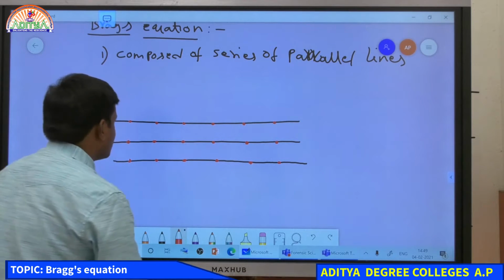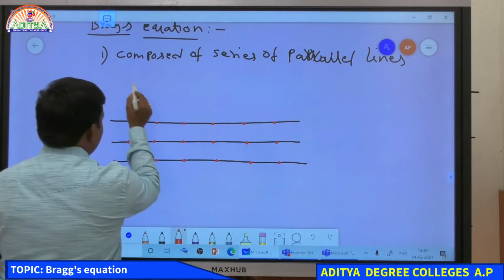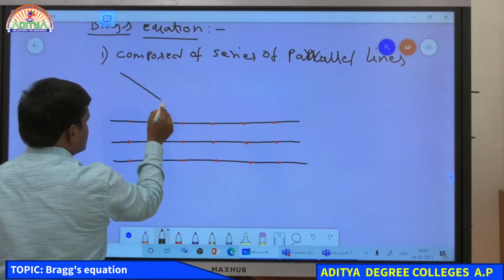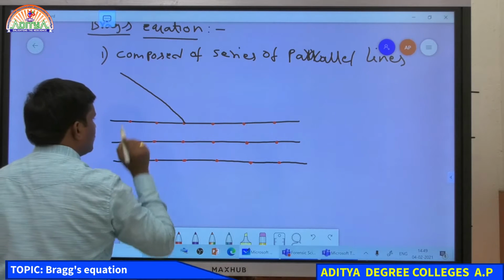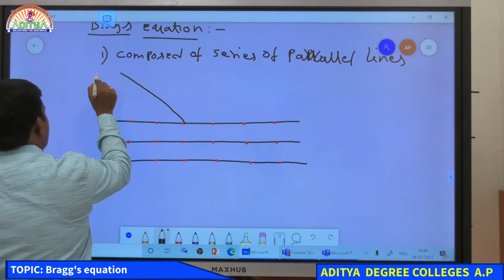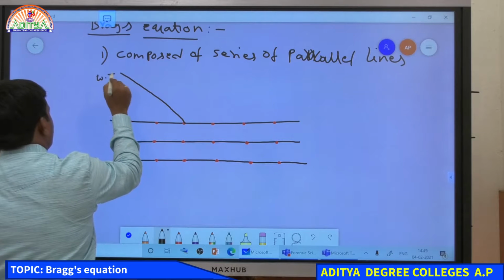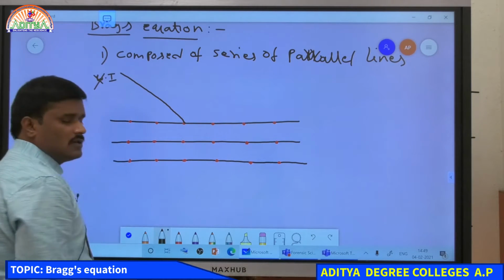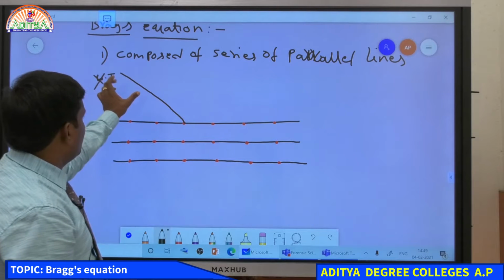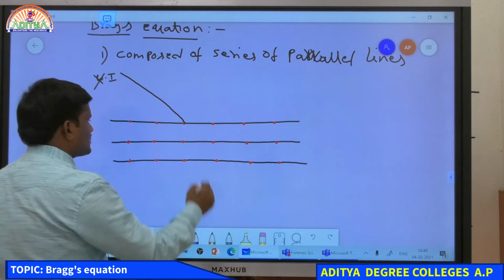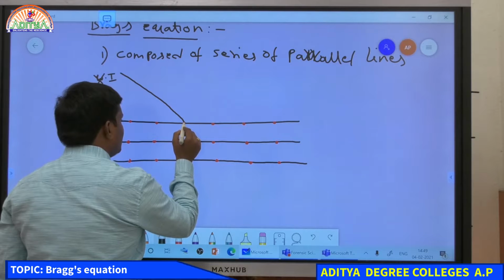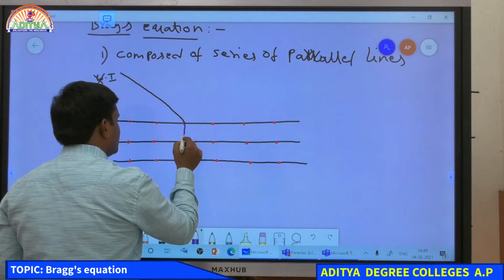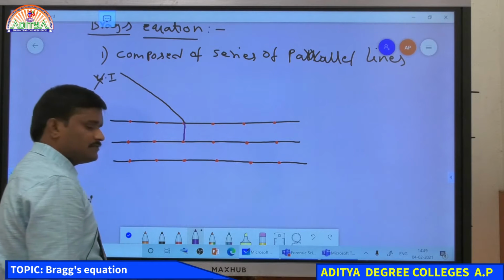Now X-rays are incident on any atom present in the crystal. Suppose this is an X-ray incident on this point, so this is wave 1, X-ray 1 or simply X1. This is wave 1 incident on a point in the first line and then it penetrates into the next level.